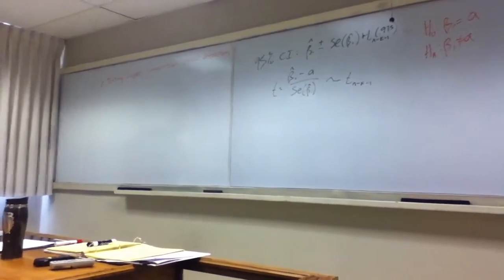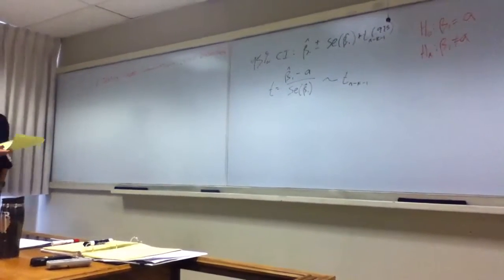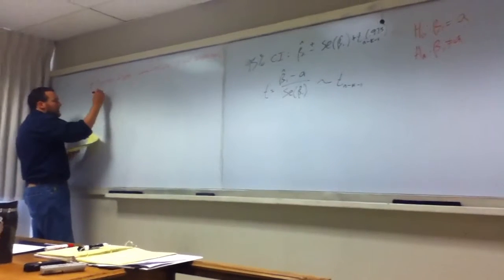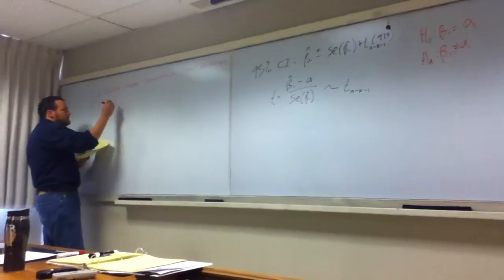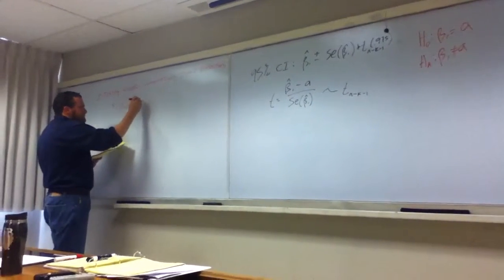And you can count the number of restrictions by how many equal signs you see. So here an example might be the following. Let's say this is going to be a multiple linear regression.